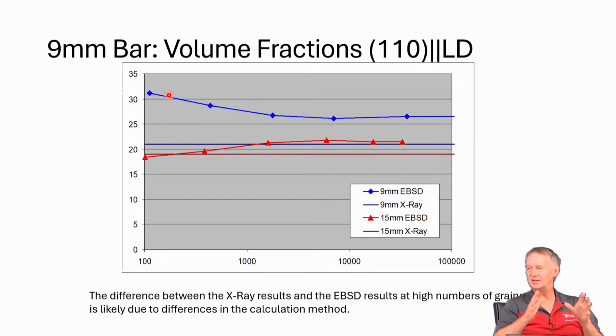So the EBSD measures more precisely what the volume fraction actually is, but the X-ray does it with better statistics because we're looking over a larger region. So again, it's a trade-off, and what do you get for this? X-ray diffraction is giving you about 21%. EBSD is giving you from about 32% to 26% volume fraction.